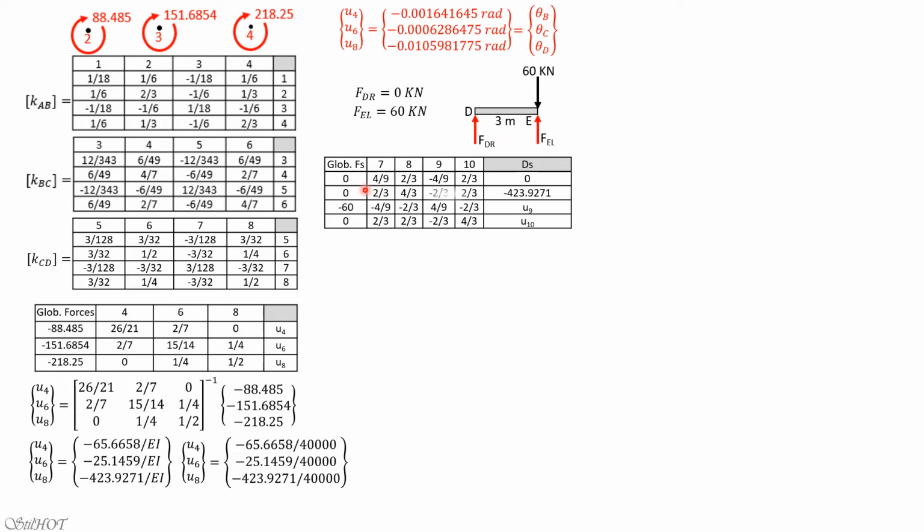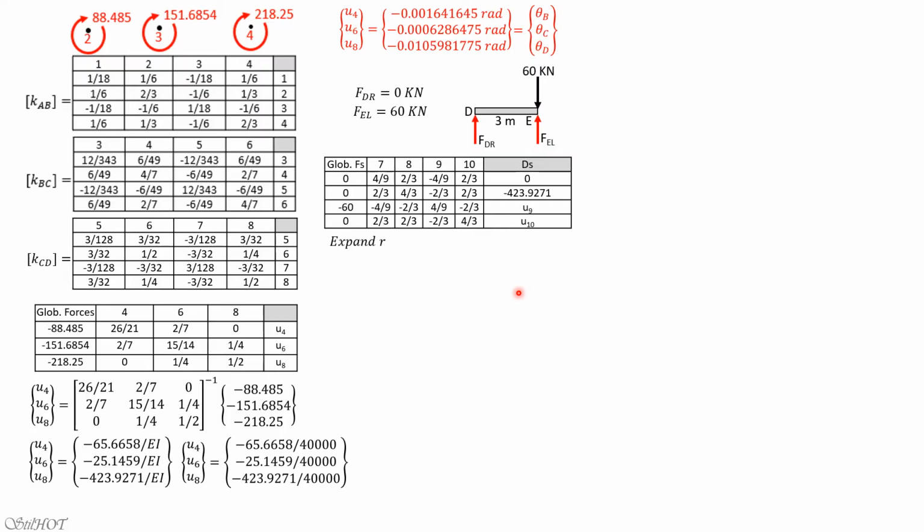So negative 60 global forces. So this is the stiffness of member DE. I already incorporated it. Then 7, 8, 9, 10. The only portion that has displacement would be 0 for U7, then U8, unknowns U9 and U10.